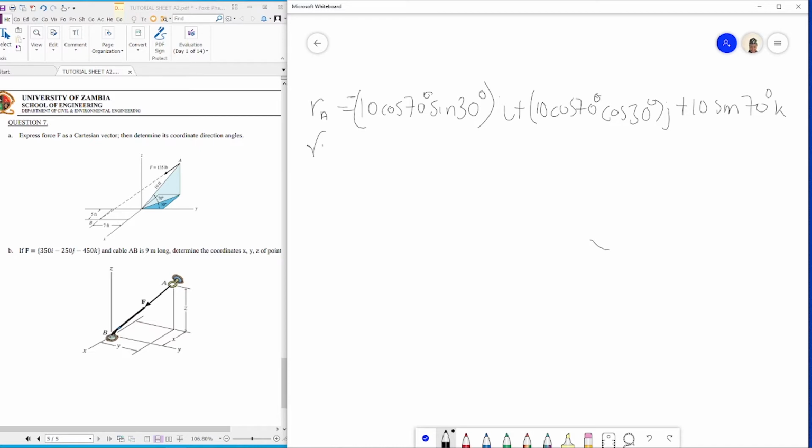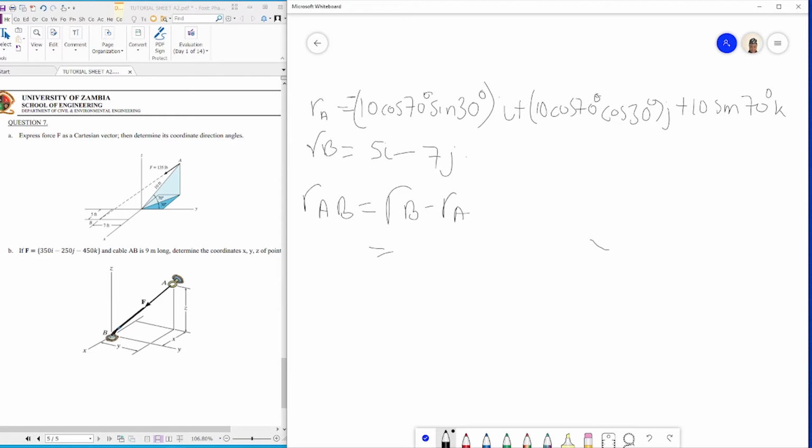Our RB will be equal to, from what I'm seeing here, 5i minus 7j, and there is no k, 0k. So RAB is equal to RB minus RA.